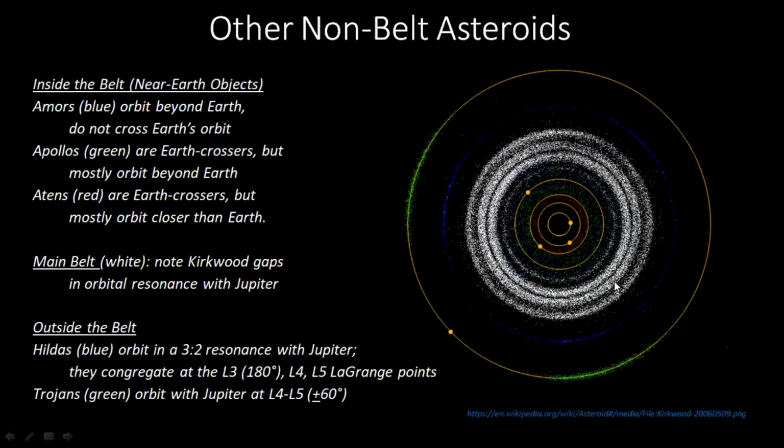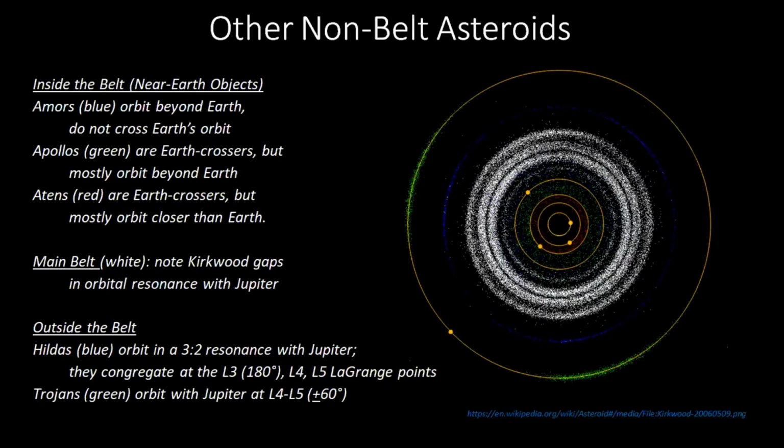Inside the Hildas, we have the main belt, which is shown in white. And those of you who are familiar with the details of Saturn's rings are going to notice immediately that the asteroid belt, like the rings, has dark gaps in there called Kirkwood gaps.